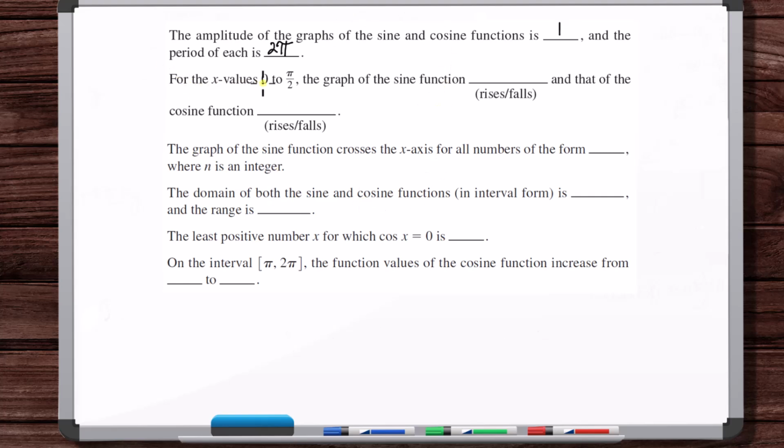For the x values 0 to 2 pi, the graph of the sine function rises or falls, and that of the cosine function rises or falls. Okay, 0 to 2 pi, you're going, that's the first quadrant.